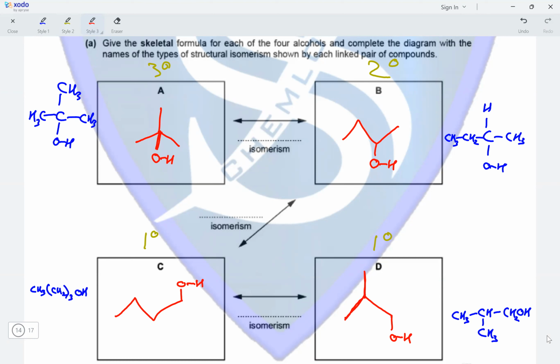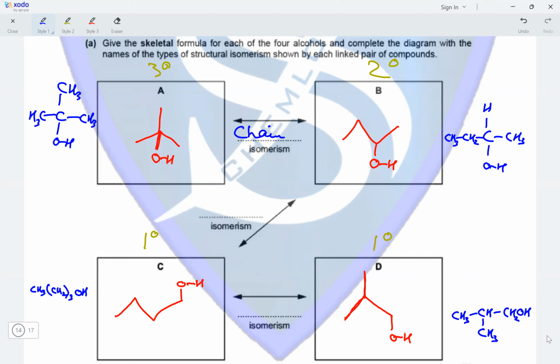alcohols. So between A and B, the isomerism is introduction of branching, and introduction of branching is a type of chain isomerism. Between B and C, we have shift of the position of the OH group.